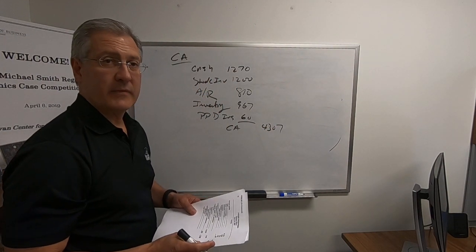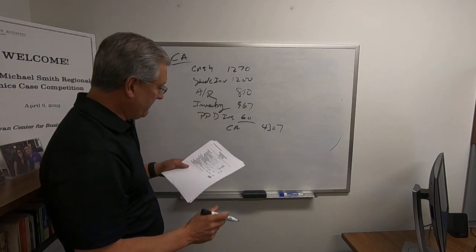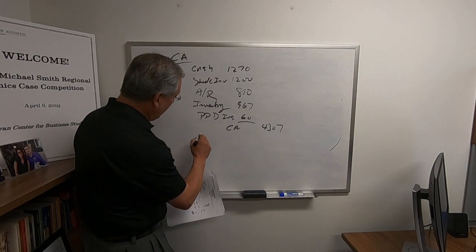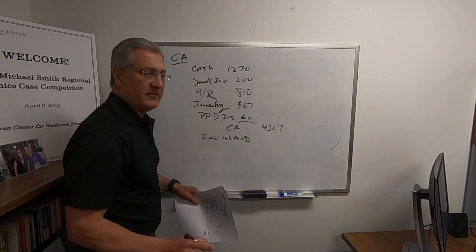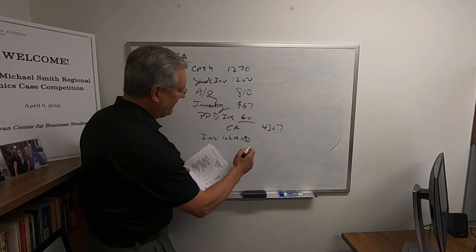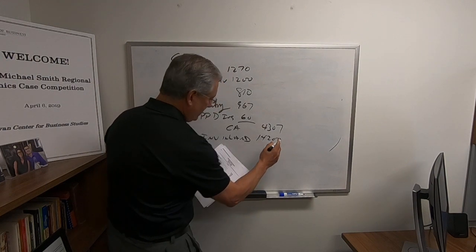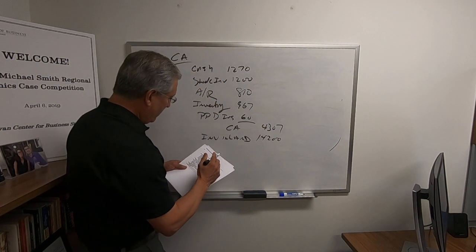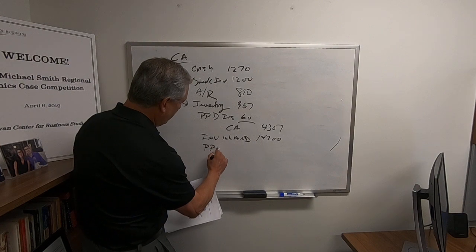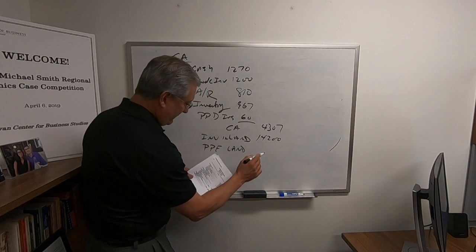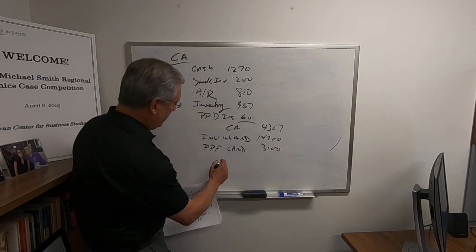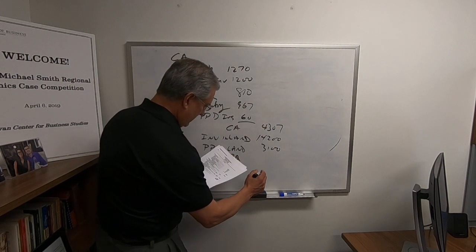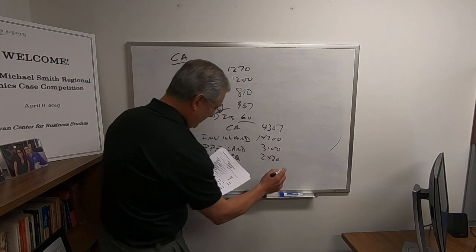Total current assets, 4307. Now we talk about some of our long-term assets, and we have investment in land. It's clearly identified as an investment, $14,200. We have our property, plant, and equipment for land of $3,100. We have equipment of $2,420.